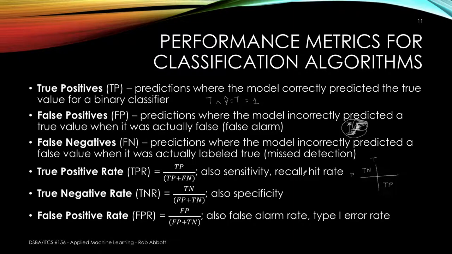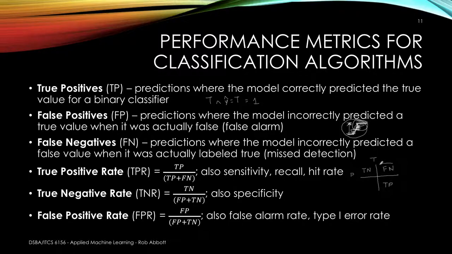So in this case, for true positive rate, what I'm worried about is the case where I predict a negative, but it is truly positive. So in this case over here, I've got a false negative because it should have been true, but I predicted false.